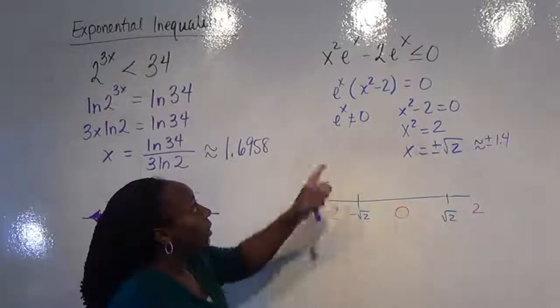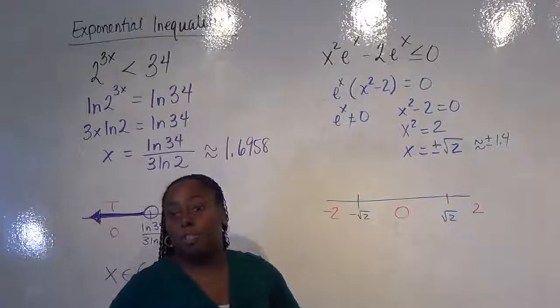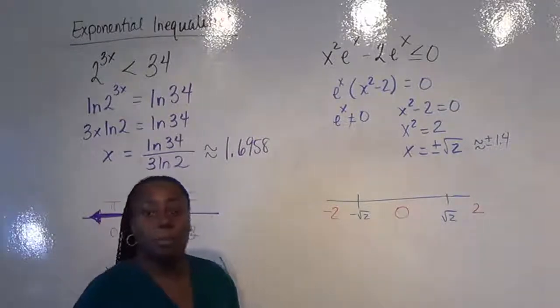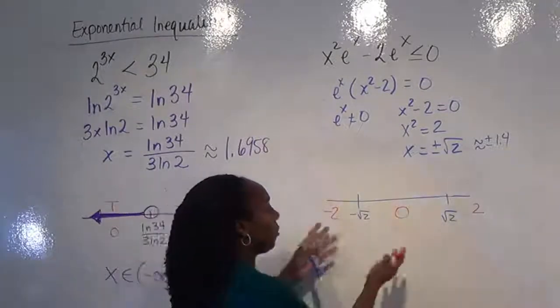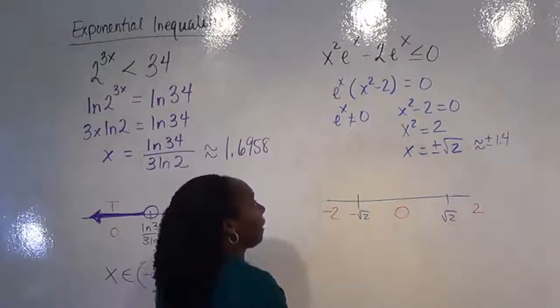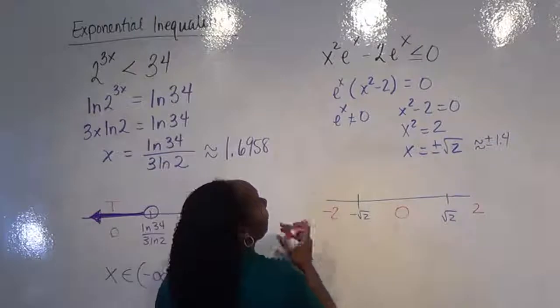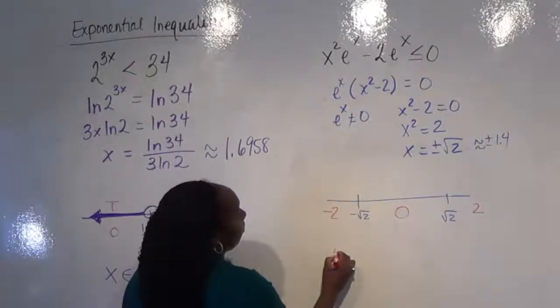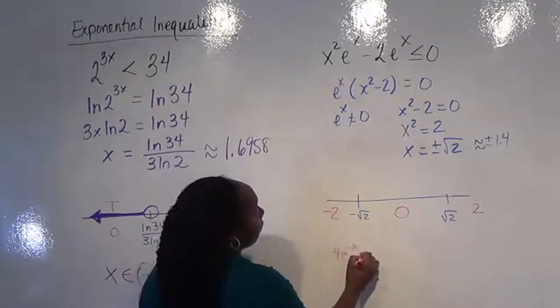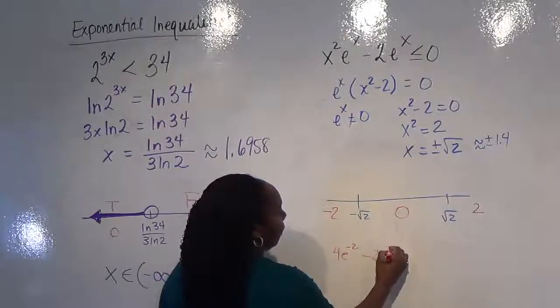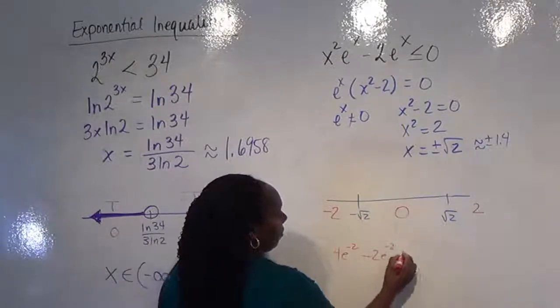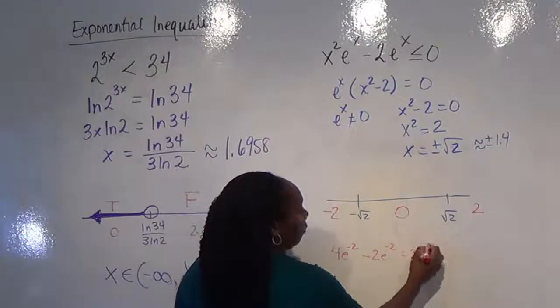Again, we're looking at an exponential function, so we know that the domain is all real numbers. Now we're just going to test these by putting them back into the original. If I plug negative 2 in, we're looking at 4e to the negative 2 minus 2e to the negative 2. Well, that's 2e to the negative 2.